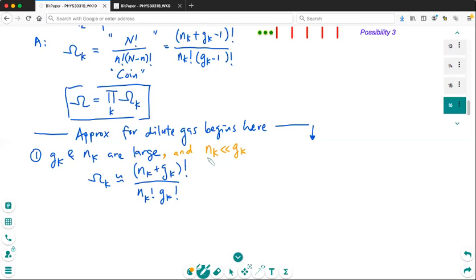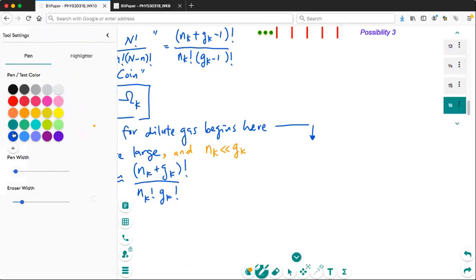Okay, so we can make further approximation. So let's do it here, in orange color. Okay, further approximation. First let me write this down. This is still exact. Then the approximation will come next.